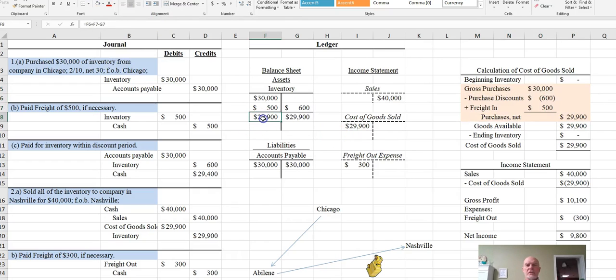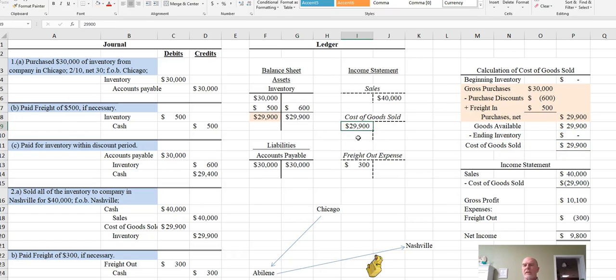And so the adjusted cost of purchases, which is that $29,900, is added to the beginning inventory, which was 0. And so our goods available is $29,900. We don't have any ending inventory either. We just tried to keep this focused on these purchase adjustments. So the cost of goods sold is $29,900.